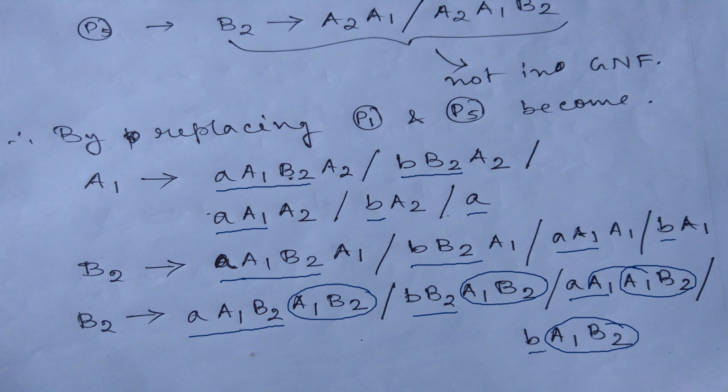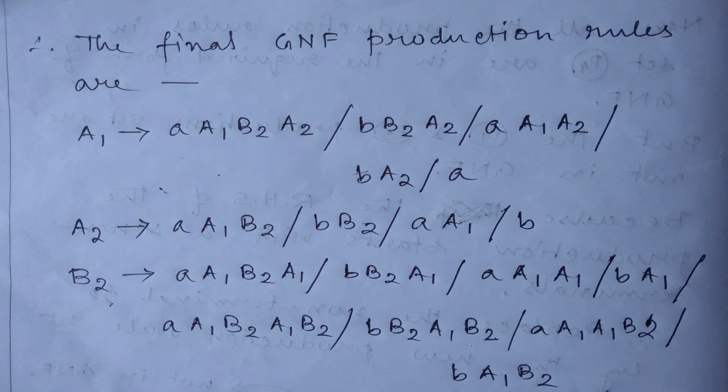Anyway, the total final set of production rules becomes something like this. This is the total set of production rules that will be in GNF.